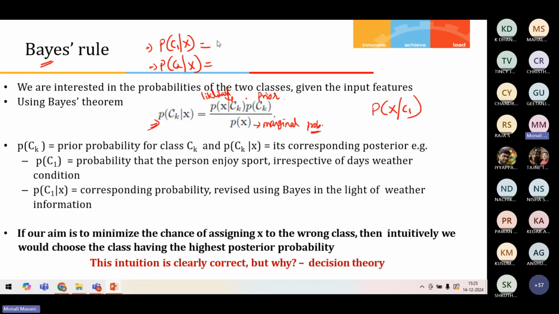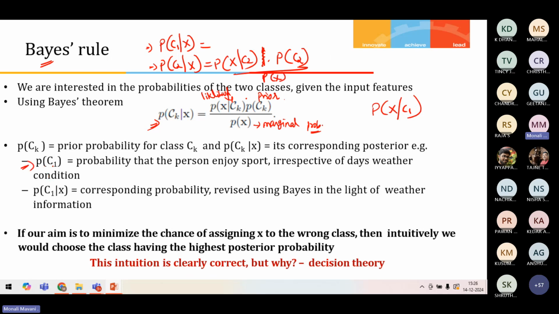So here only I'll write down. Say I'm interested in finding out the C2 class probability: probability of features conditioned on C2, multiplied by the prior probability of C2, upon P of X. So what is this prior?